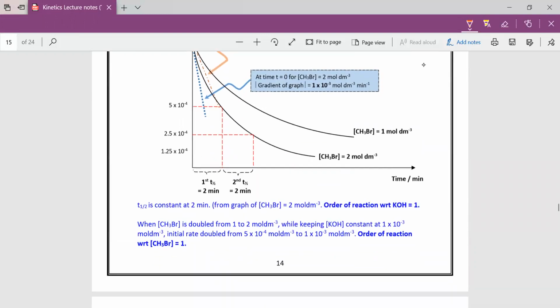So that means the order of reaction with respect to CH3Br is 1. You can see that when the concentration is doubled, the rate, which is found by the tangent, is also doubled.